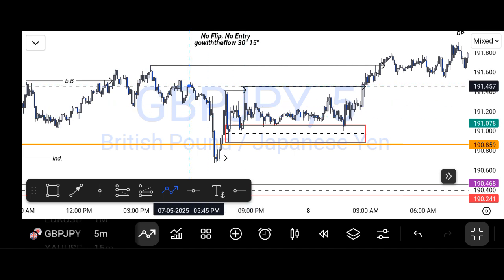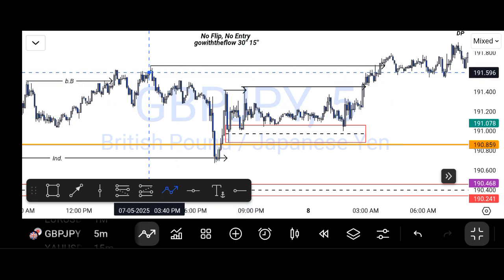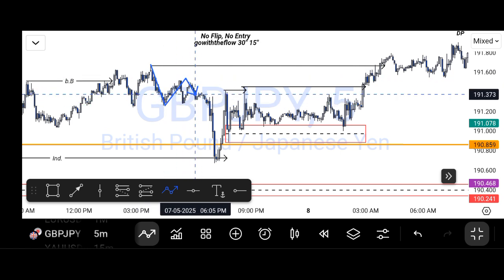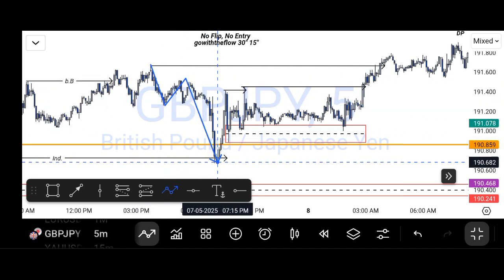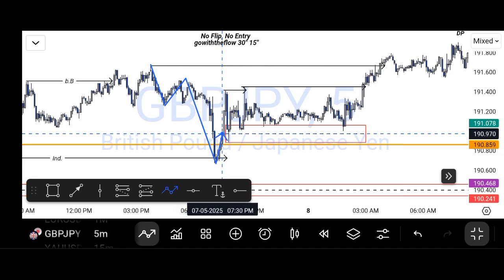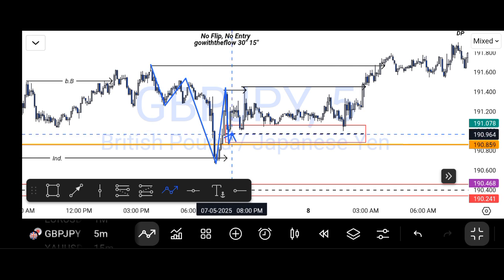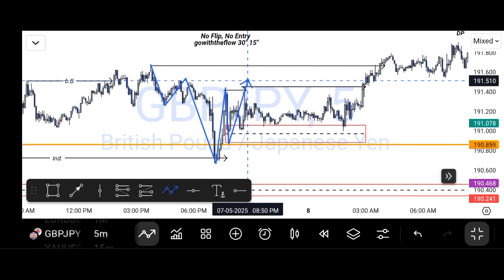As price was coming down to sweep this level, price did this low, lower high, lower low, swept that level, lower high, came down, could not sweep that level, mitigated that other block, and now swept and caused a minor break of structure.